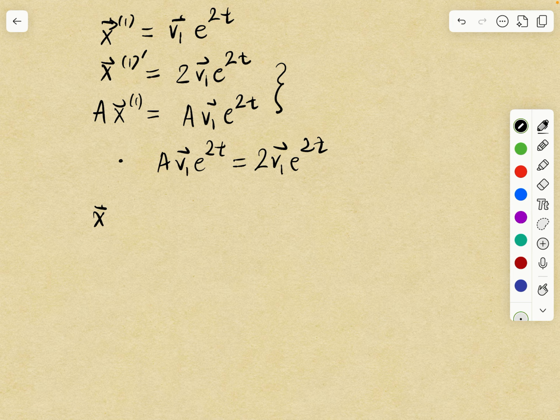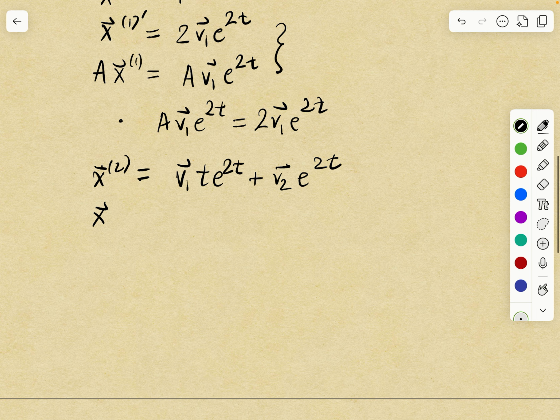Then we have x2, which equals v1 t e^(2t) plus v2 e^(2t). Taking the derivative, x2' is going to be 2 v1 t e^(2t) plus 2 v2 e^(2t).